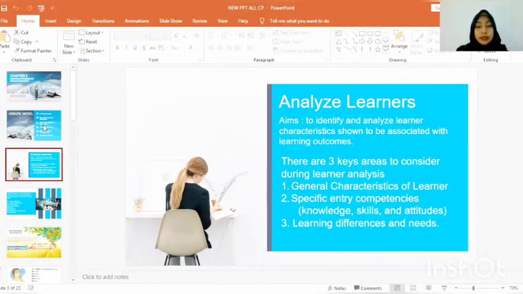It is critical to understand the general characteristics that may influence student learning. These characteristics range from constant variables such as gender and ethnicity to those that vary on a regular basis, such as attitude and interest. Number 2 is specific entry competencies.